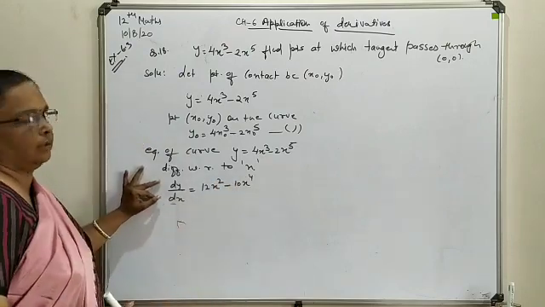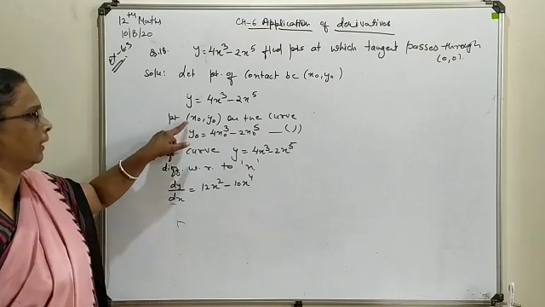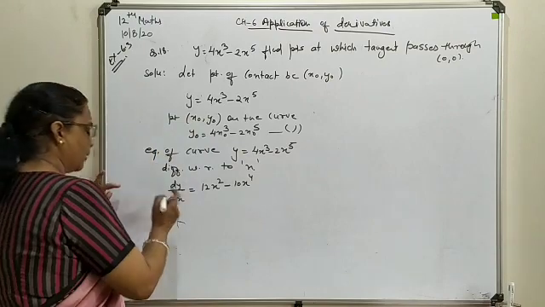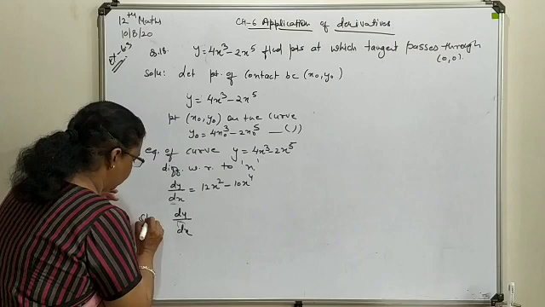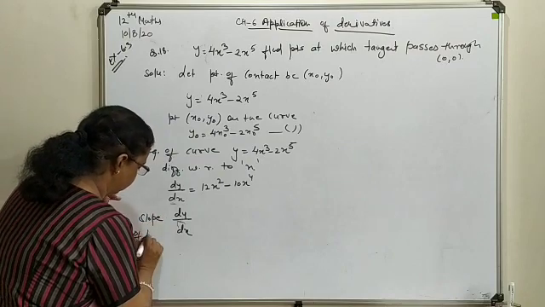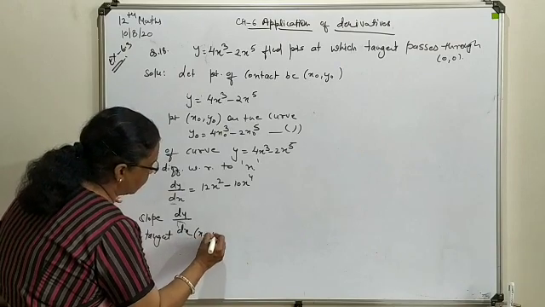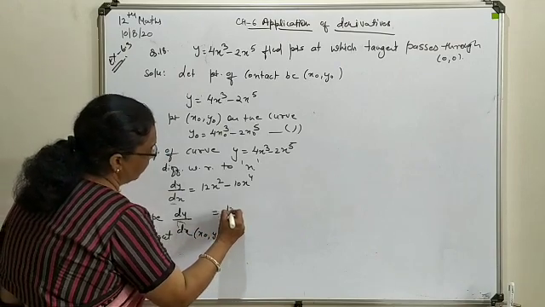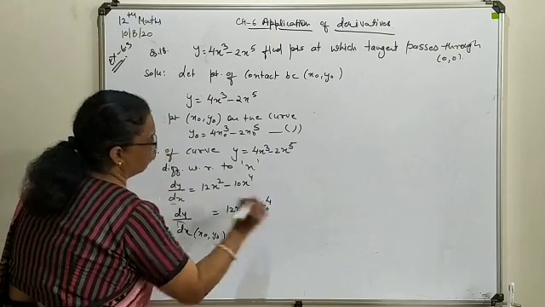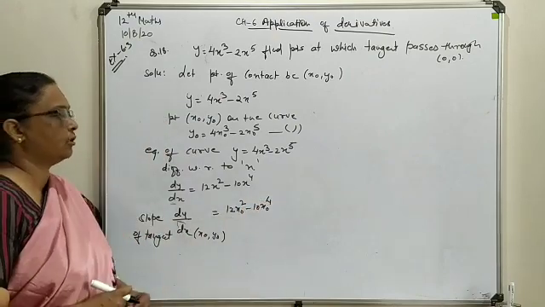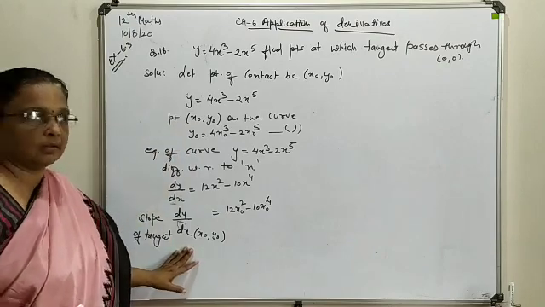Now this dy by dx means slope, you will write at the point (x0, y0). So this is your slope of the tangent at point (x0, y0), and this will be 12x0 square minus 10x0 power 4.